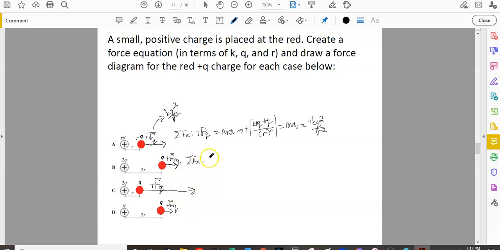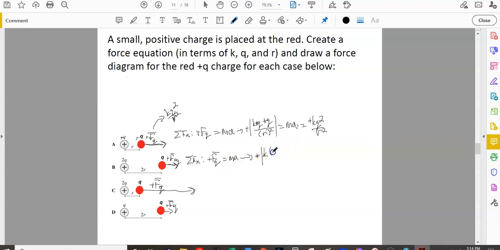B, here we go, is going to be F positive Q, and that charge is pointed to the right, and then you set it equal to mass times acceleration by applying Newton's second law. That is going to yield, I'm going to bring this positive because the force vector is pointed to the right out in front, and that's equal to K times 2Q times Q. Okay, actually I should have reversed those.